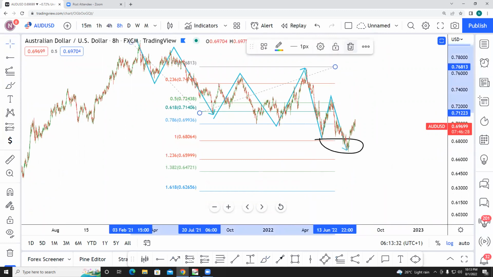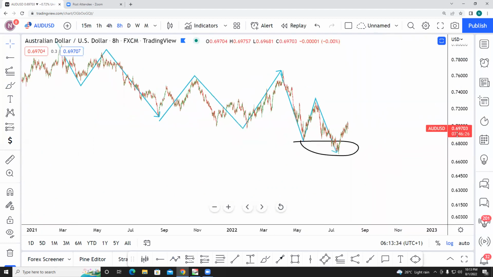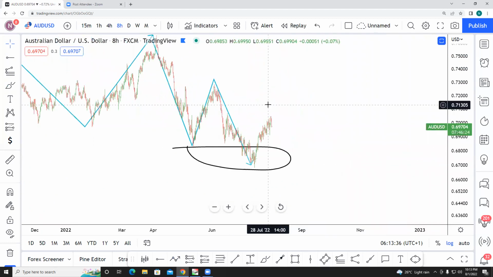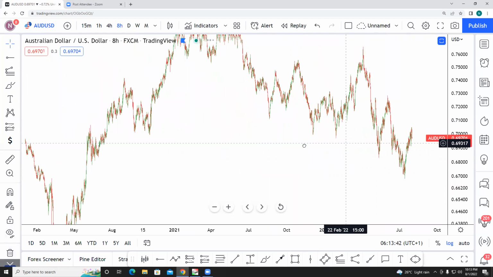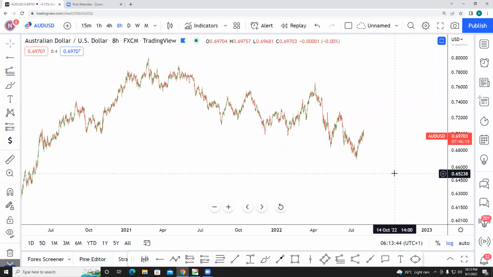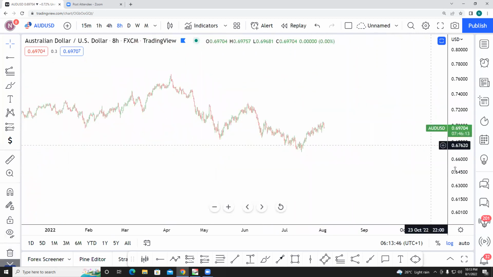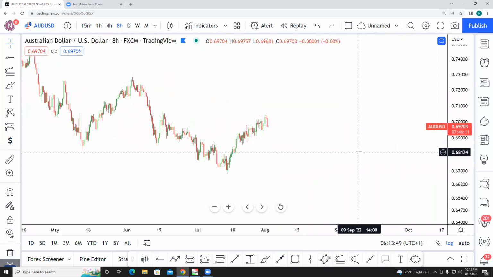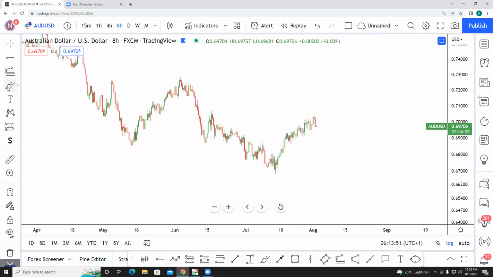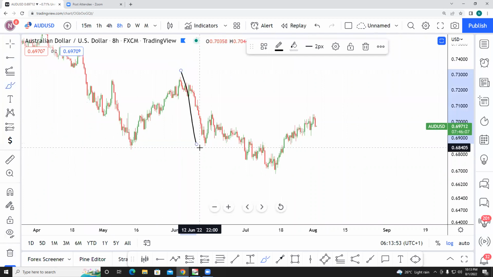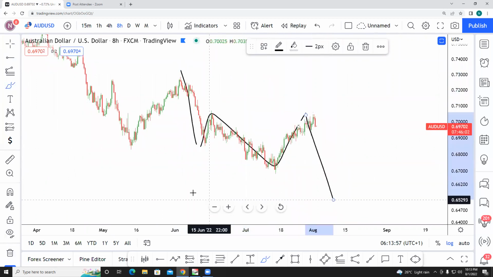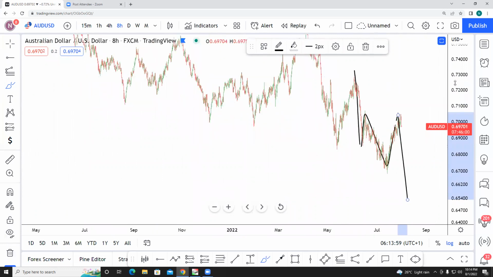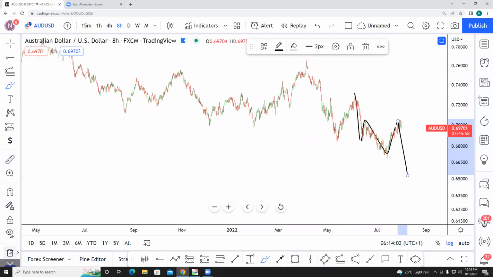But what I'm looking at is that other majors may likely drop, and if they drop, this one might follow. So it will not be wrong for us to think that this might be a corrective structure, 1, 2, and 3, for one more breakdown before any buy opportunity to the upside.